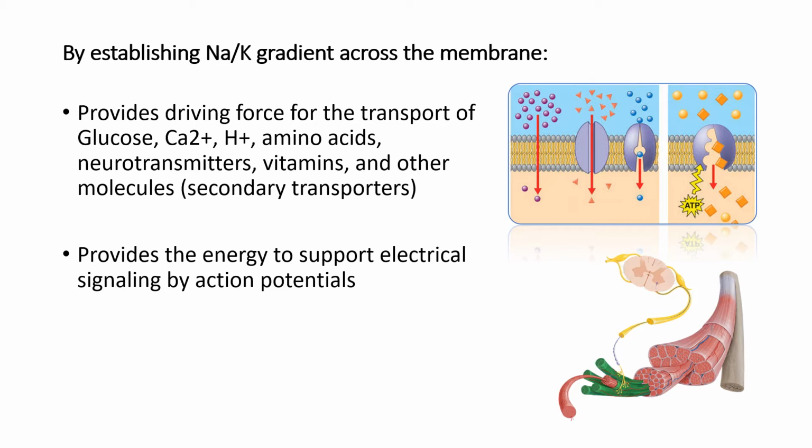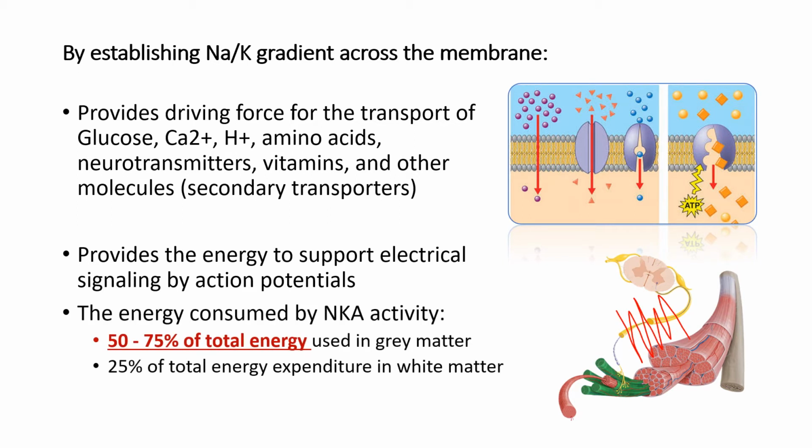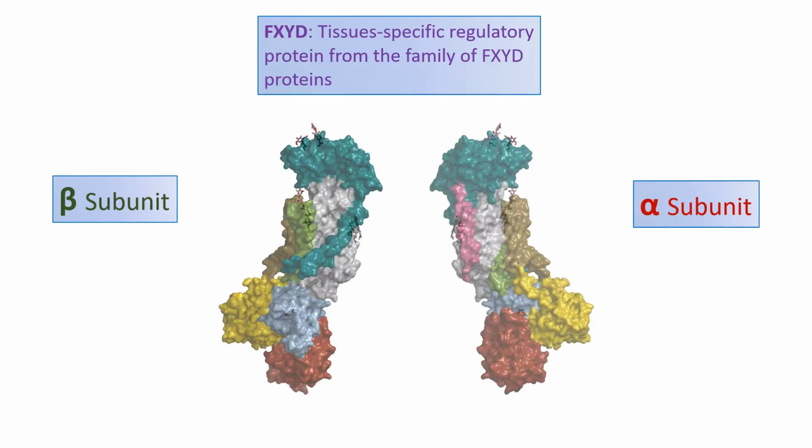Activity of pump also provides the energy to support the electrical signaling by action potential in muscle and nerve cells. So it's not surprising that 50 to 75% of total energy consumed in gray matter of brain, for example, are consumed only by sodium pump activity, and 25% of total energy in brain.